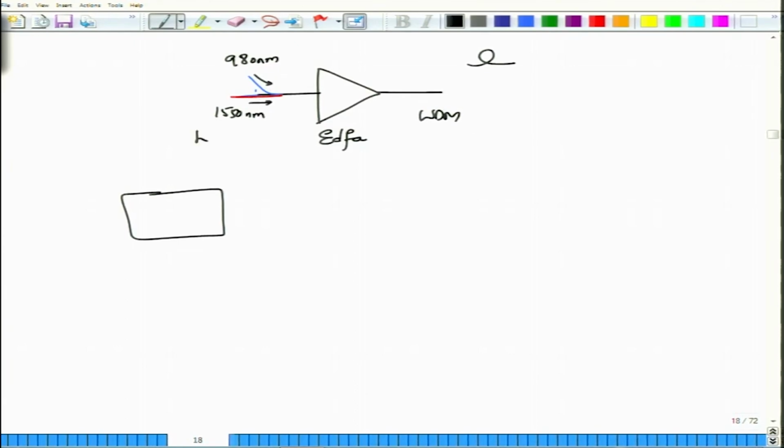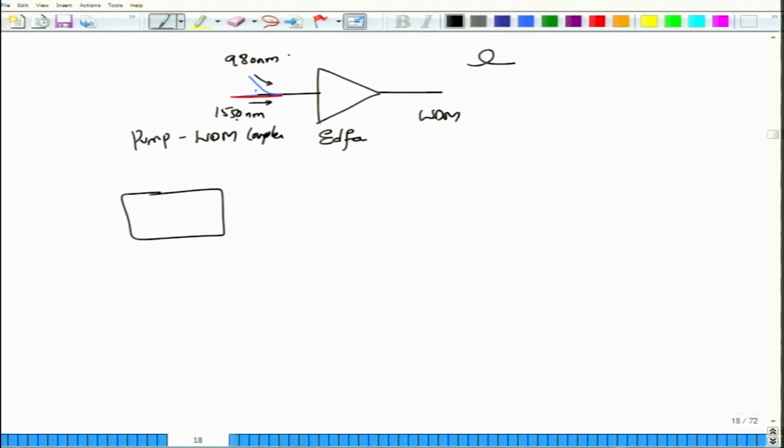Such a device is called a pump WDM coupler, because the pump is at 980 nanometer and 1550 is actually the WDM channels. So you could simply call this a pump coupler, or we call it a pump WDM coupler.